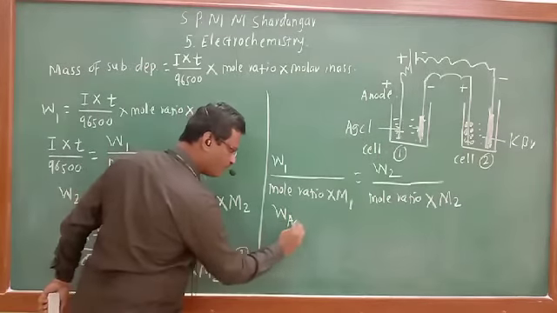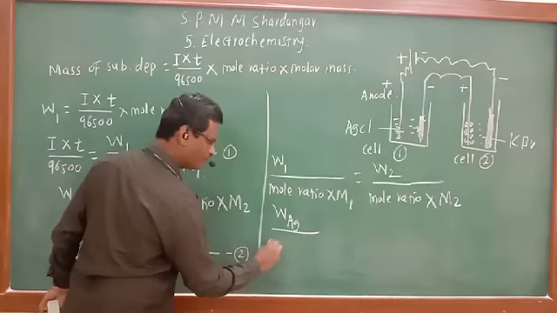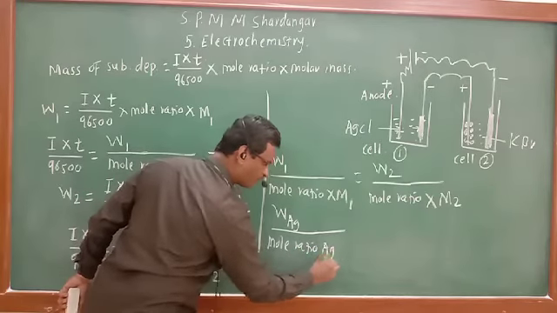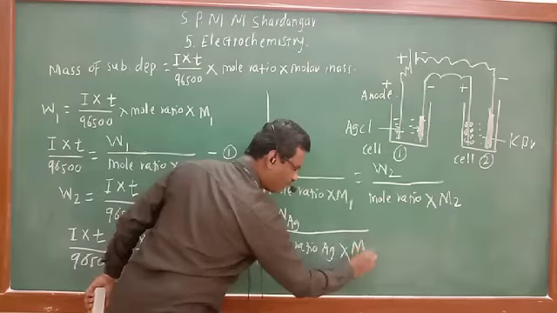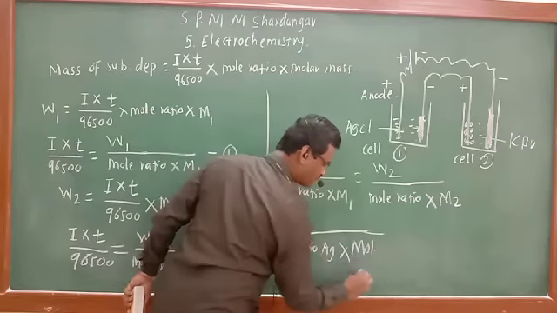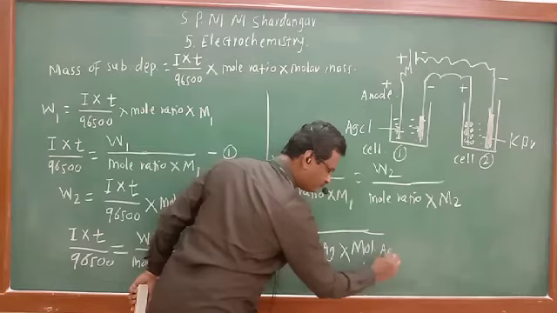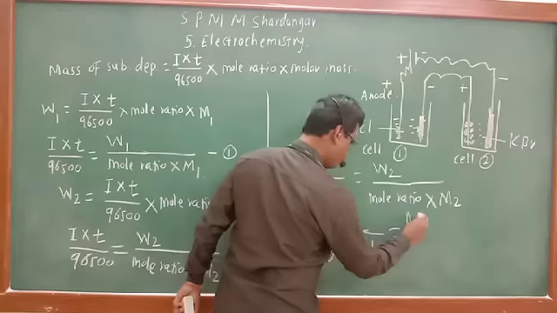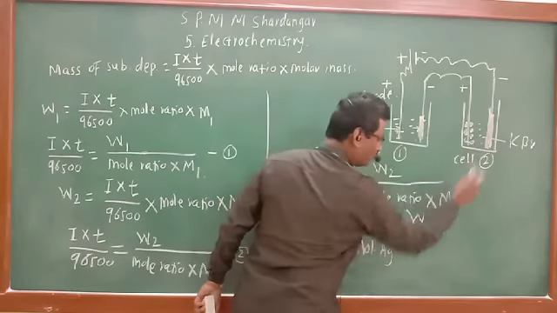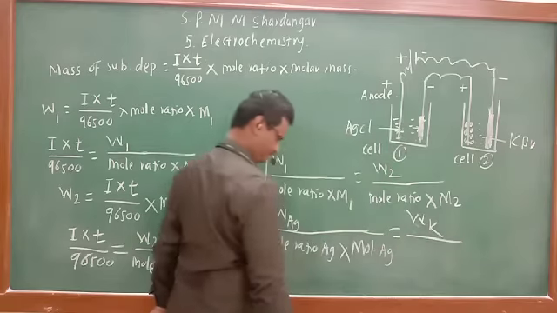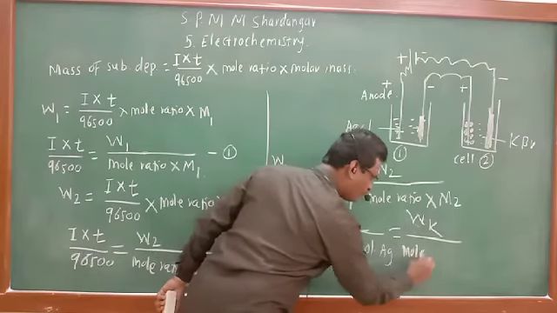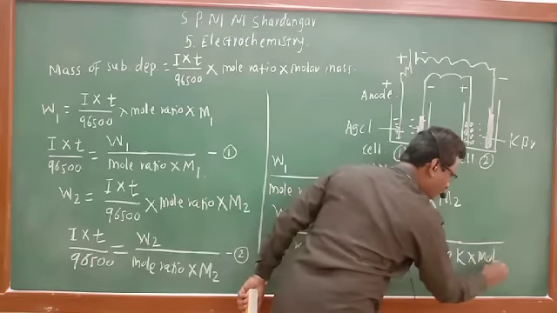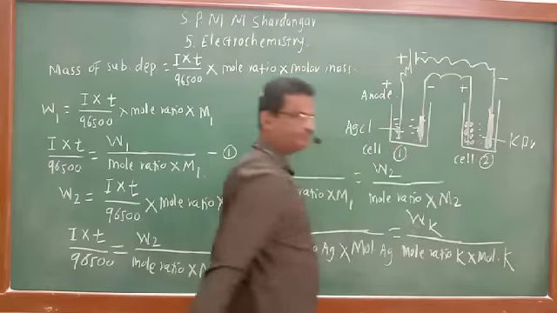W1 is the weight of silver, mass of silver divided by mole ratio of silver multiplied by molar mass of silver is equal to W2. W2 is the weight of which one? Potassium, divided by mole ratio of potassium multiplied by molar mass of potassium.